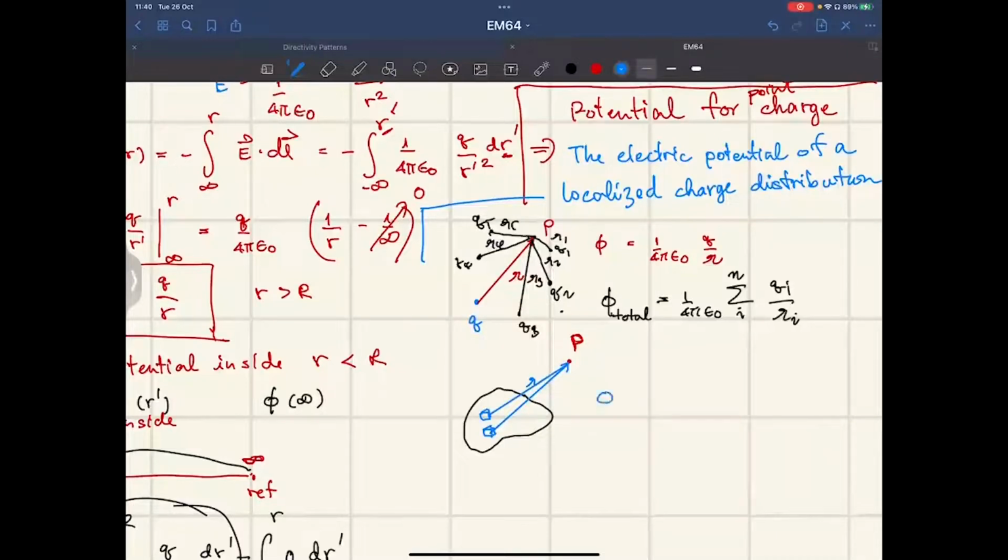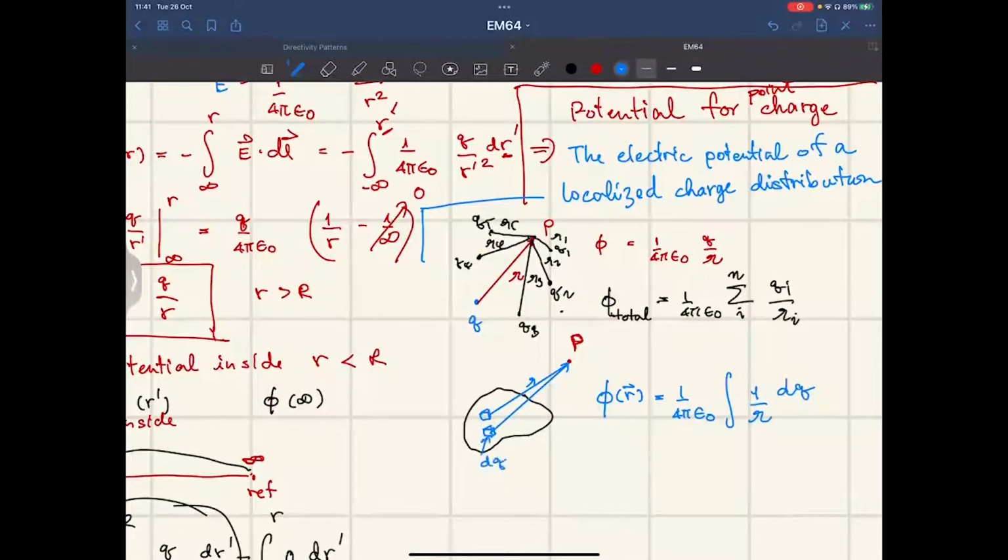So here the potential at R equals 1/4 pi epsilon naught, the integral of 1/r dq, because this small portion here is dq.